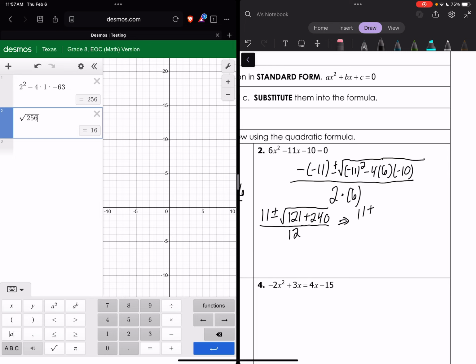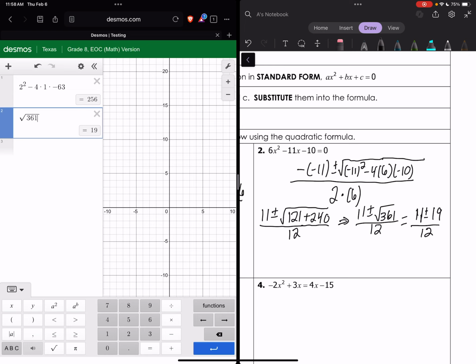This is 11 plus or minus the square root of 361 over 12. I believe that is 19, but I'm going to type that in Desmos just to make sure. Yep, plus or minus 19 over 12.